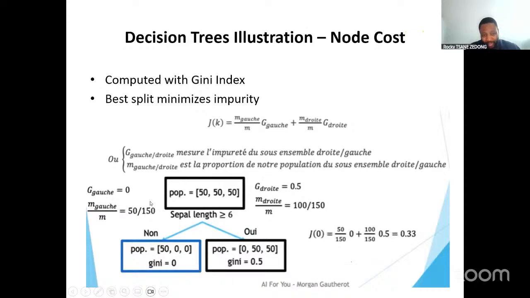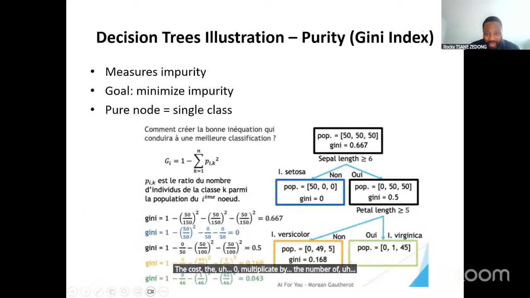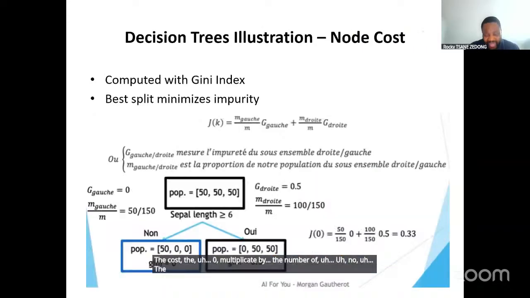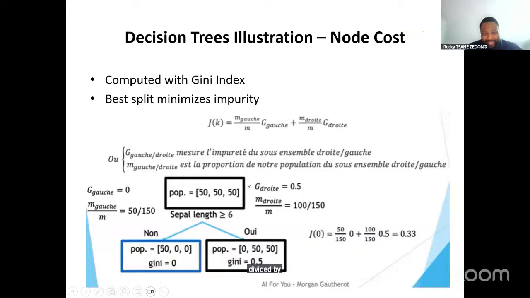The cost is 0 multiplied by the number of setosa, divided by the total.